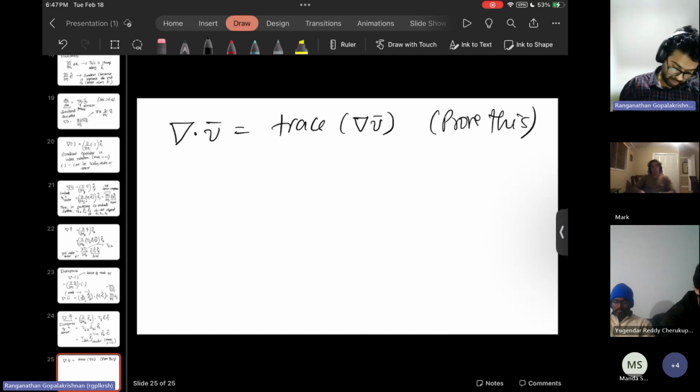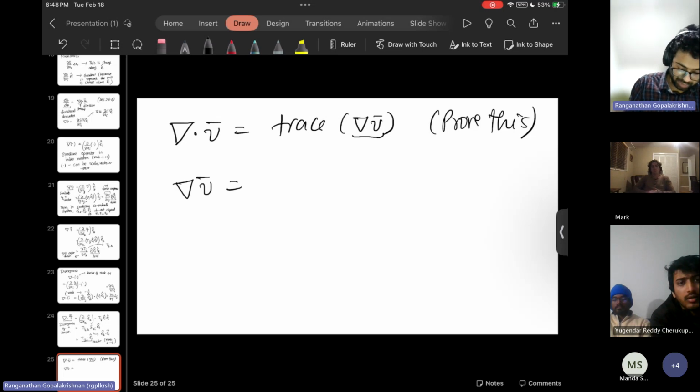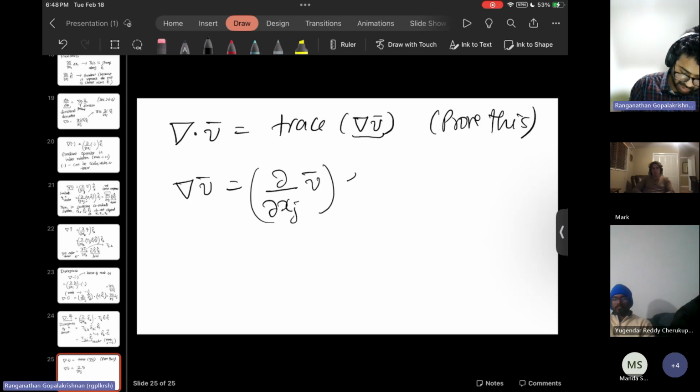Okay. What is trace? Trace of a tensor. So you do know that gradient of a vector will give you a tensor. So that part is already known, and you can start like this. What is gradient of a vector or gradient of V? That is partial over xj V ej. This is practice I'm giving you to do this thing repeatedly.